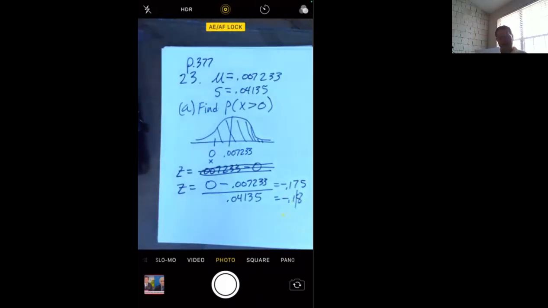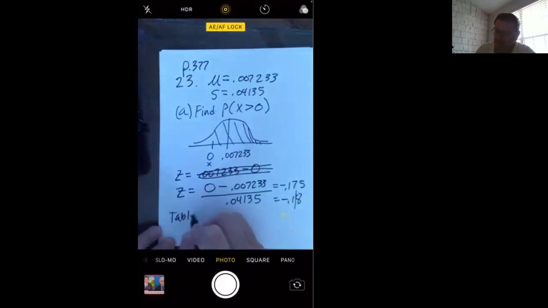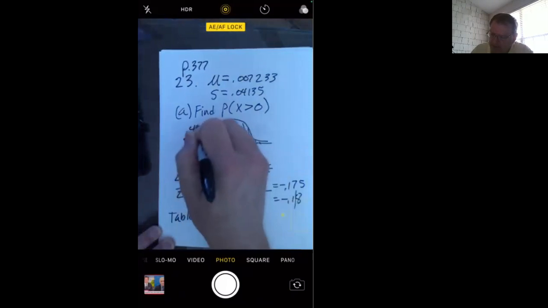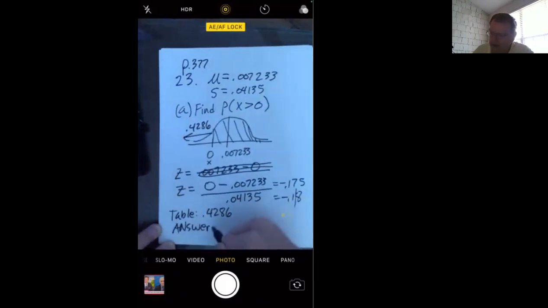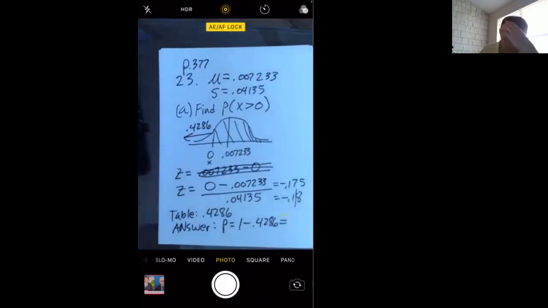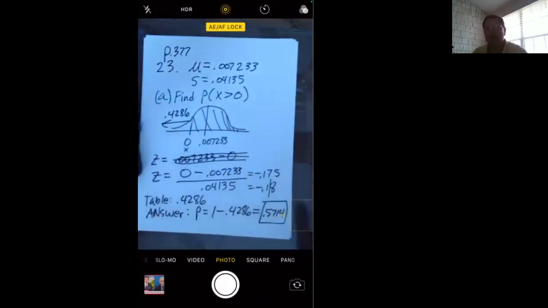Negative 0.18 gives 0.4286, which should be this direction. Answer: 1 minus 0.4286 is 0.5714. 57% chance of making money, getting a positive rate of return.